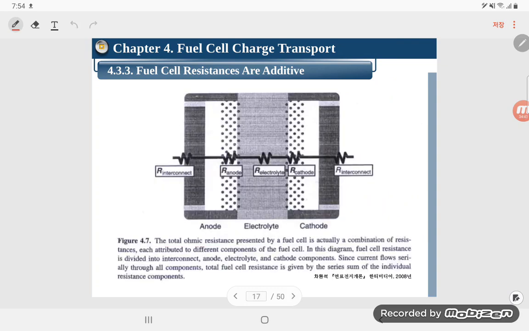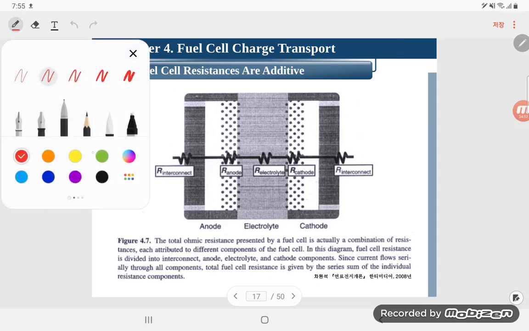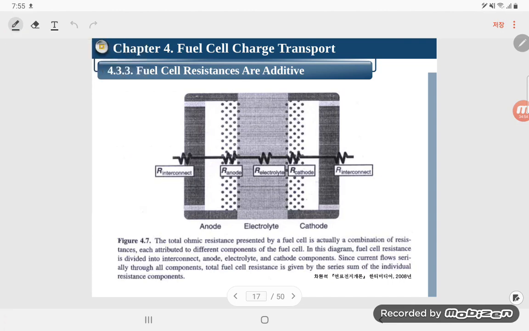Okay, if we see this figure, it is a very simplified figure, and this is the catalyst layer, and as we learned, there is a GDL, gas diffusion layer, and this is the bipolar plate.